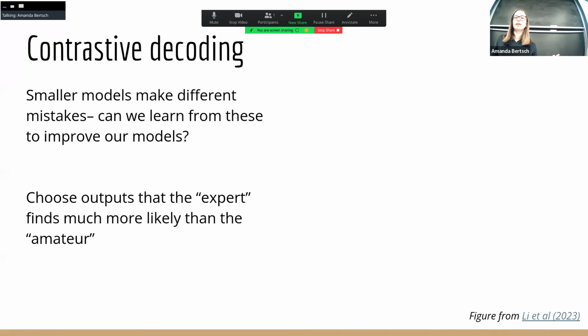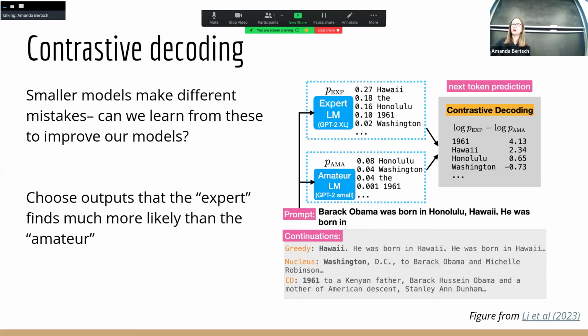So here we modify the probability distribution coming out of the larger model to choose outputs that model thinks are very likely and the amateur or the weaker model thinks are not likely. In this example from their paper, if you have an input like "Barack Obama was born in Hawaii, he was born in blank," the smaller model would often start repeating.